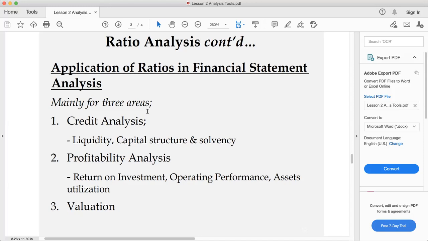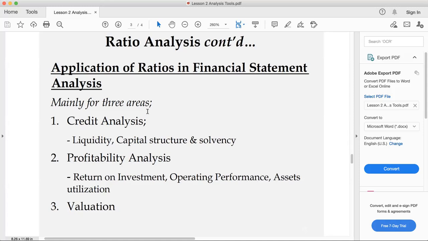Now we'll first apply ratio analysis. You can remember we can apply ratios to do a credit analysis, profitability analysis, and to do valuation.